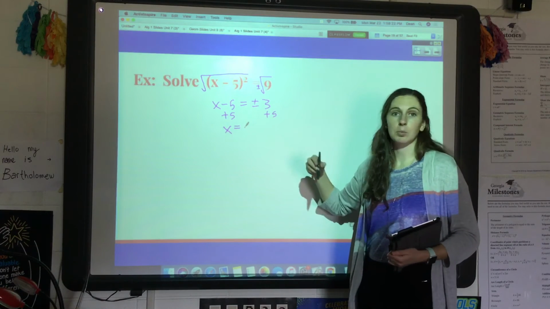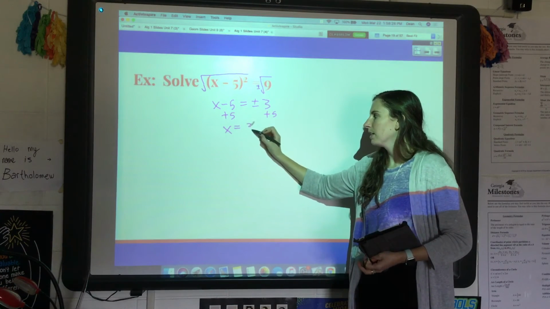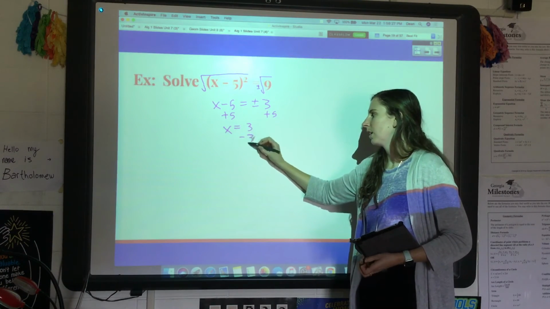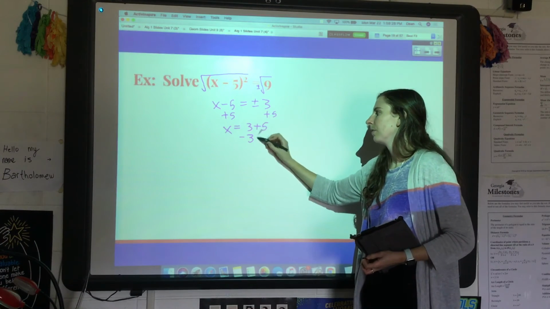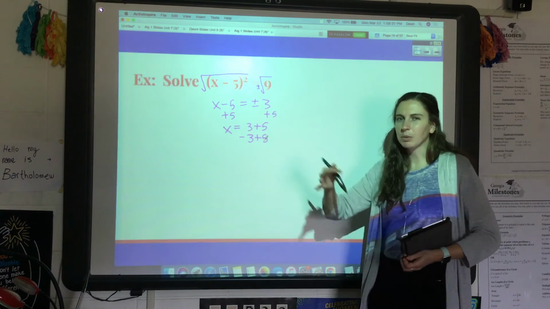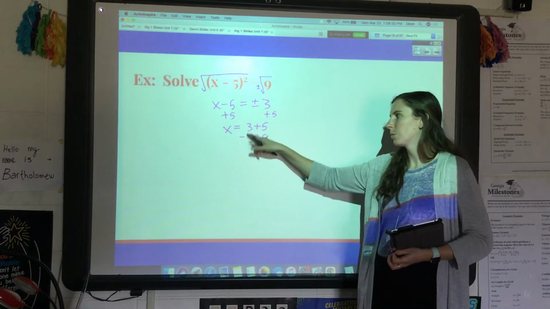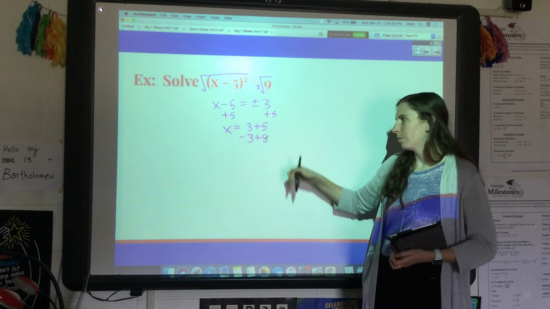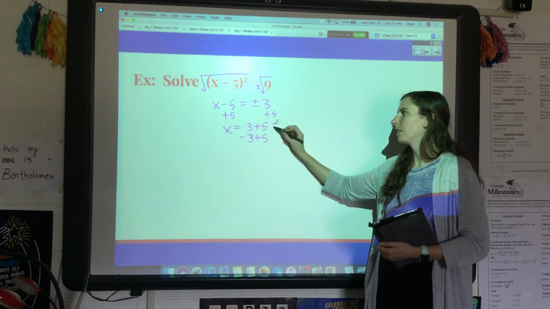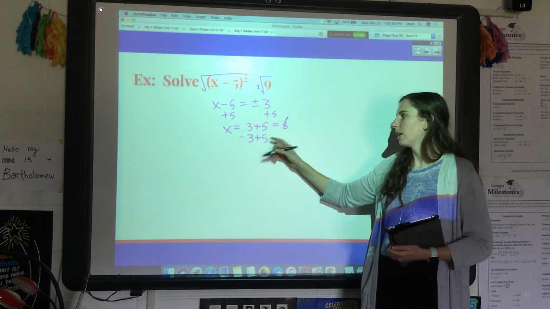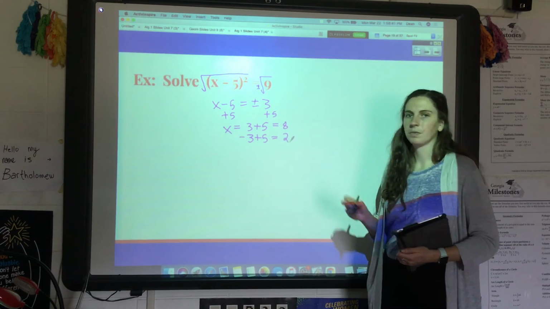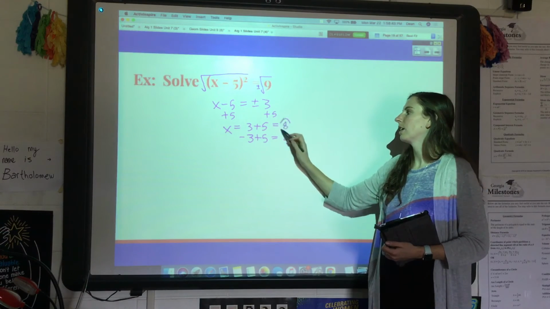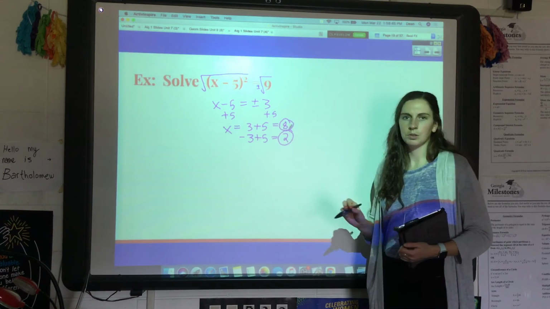However, you really need to split it up because positive 3 and negative 3 are going to turn out different here. So if you ever keep going with the plus and minus, you need to split it into two separate things. Because positive 3 plus 5 is 8, but negative 3 plus 5 is 2. So those are my two answers here, 8 and 2.